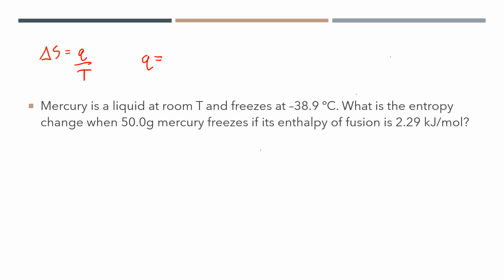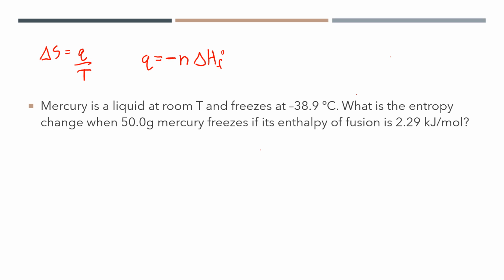Because it's exothermic, we have to put a negative in front of it. All exothermic processes have negative. If it was endothermic, then it would just be positive. So that would be negative n, for moles, times your enthalpy of fusion, which is given to us here.